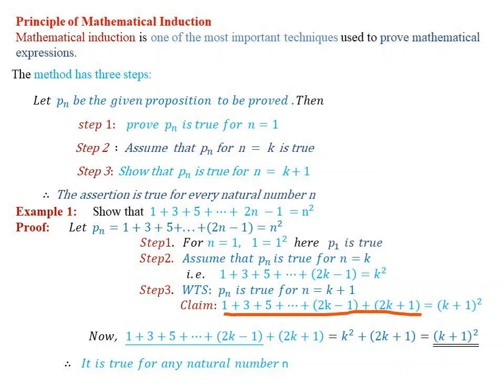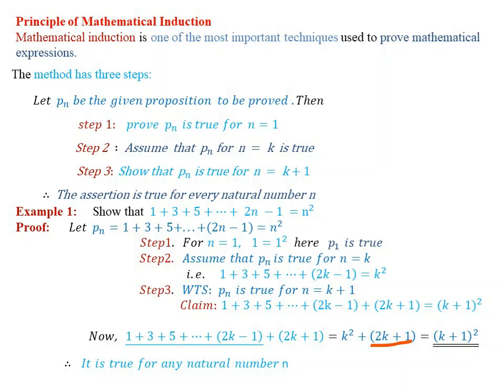Up to 1 plus 3 plus 5 plus 2k minus 1, this is our assumption. Therefore from our assumption this is k square, and next we have 2k plus 1 remaining.